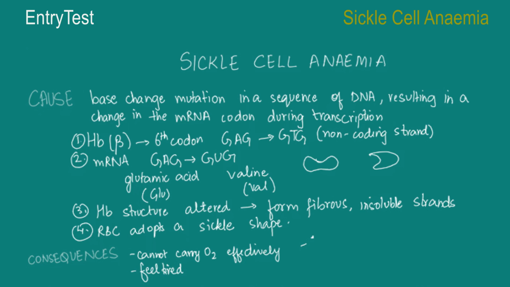Additionally, because of the sickle shape of the cell, these cells may accumulate in capillaries and form dangerous and fatal blood clots. And because of this, they can also block the supply to the vital organs and cause lots of health problems. And because of low red blood cells, it causes anemia. Now, why is there a low count of red blood cells? Because the sickle cells are destroyed more rapidly than are the normal red blood cells.